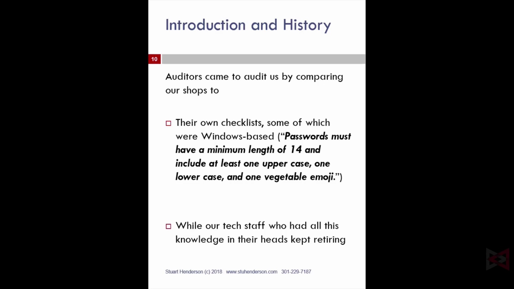I don't know if it's still there, but for a long time, there was a quirk in the encryption algorithm for Windows passwords, so that if the password length was less than 14, the passwords were much easier to crack. So some auditor came up with the idea that passwords should have a minimum length of 14, and of course uppercase and lowercase and all sorts of things.